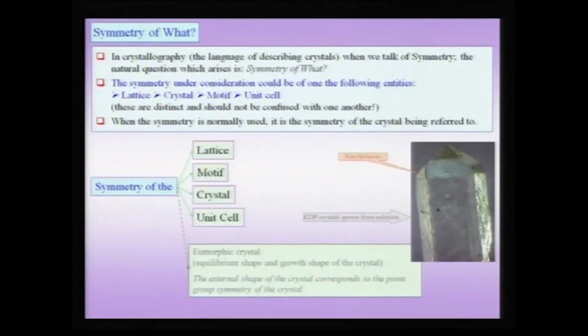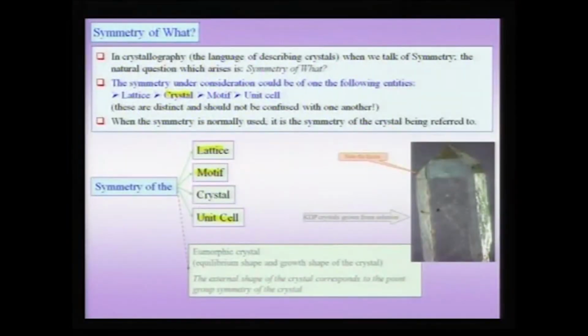Now, there are a lot of concepts we will be introducing during the course of this set of lectures. Those concepts involve lattices, motifs, the unit cell, etc. But before we even introduce those concepts, we should note that when we are talking about symmetry, it could be the symmetry of any one of these entities which could be under consideration.